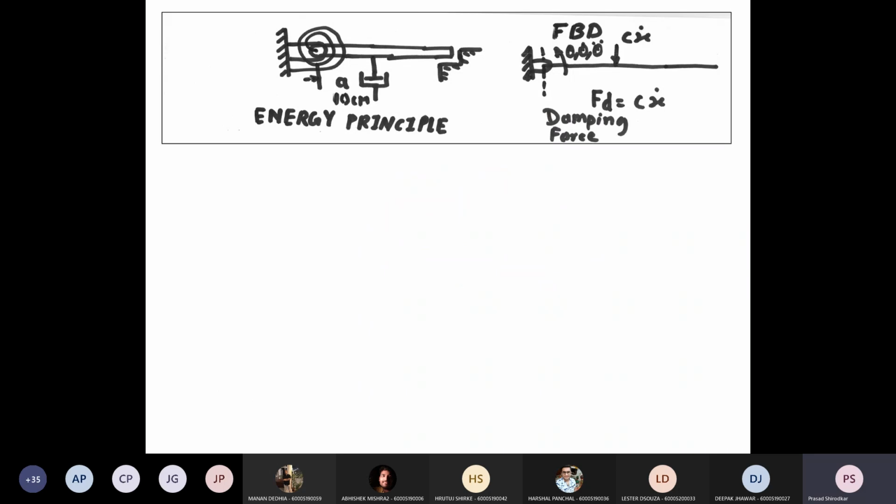In the energy method, we write the kinetic energy, that is half I theta dot square, plus the energy stored due to damping, that is damping force Fd into dx, plus the potential energy stored in the torsional spring, that is half k theta square. Half kx square for torsional becomes half k theta square. Right? And this is equal to a constant.